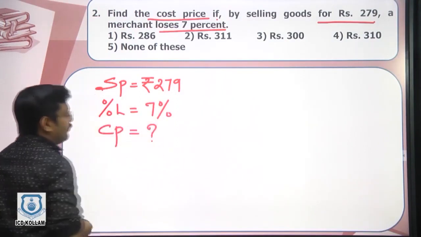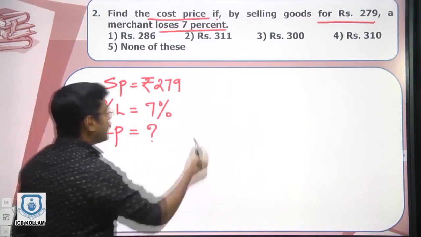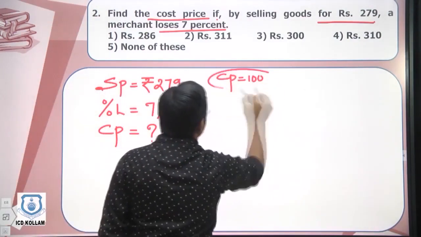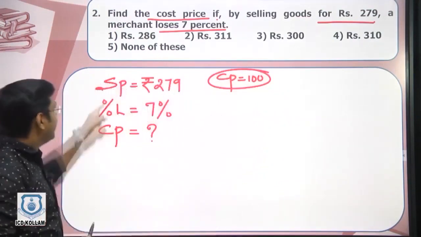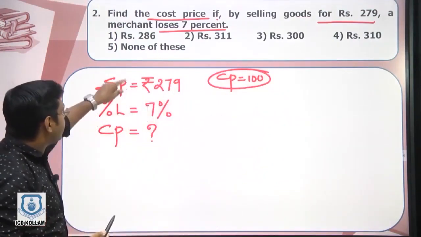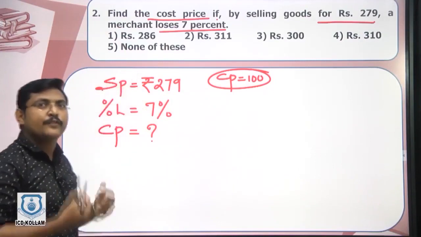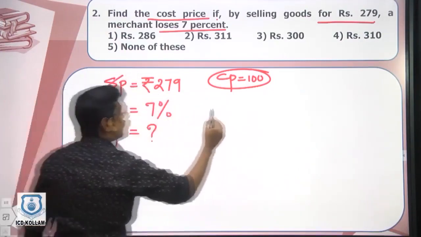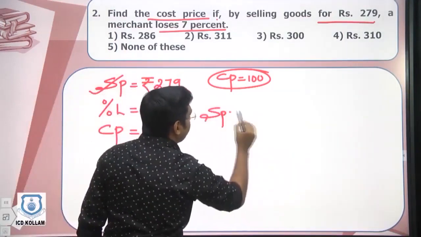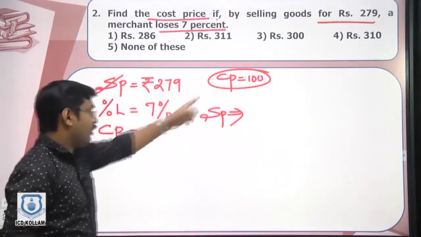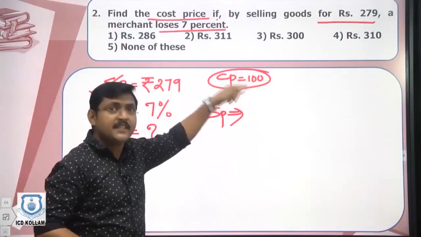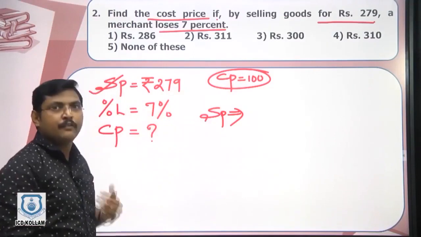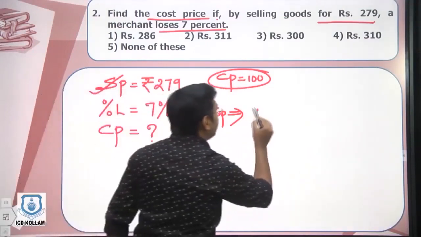As I framed in the example, you know how to apply. Always our CP, cost price, we will assume as 100. Remember that condition. After that, listen, here the selling price is given. That selling price includes 7% loss. So for us, our CP is always 100, and since SP is given, we should consider the SP first. I am repeating again and again: our CP is 100, and if the loss percent is 7, for us the selling price will be 93.